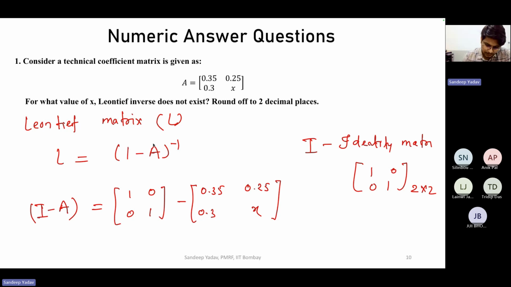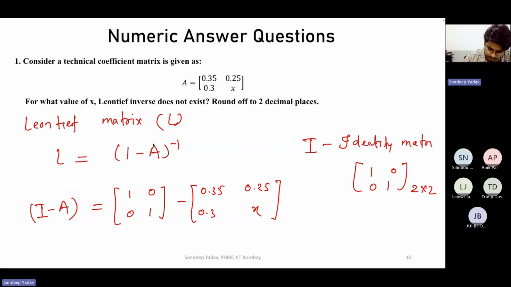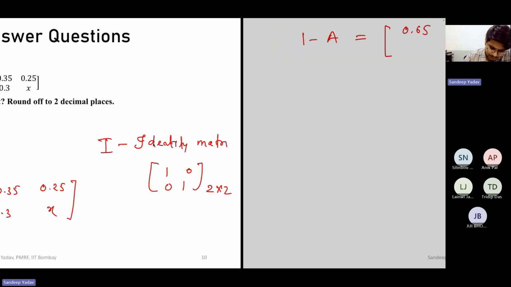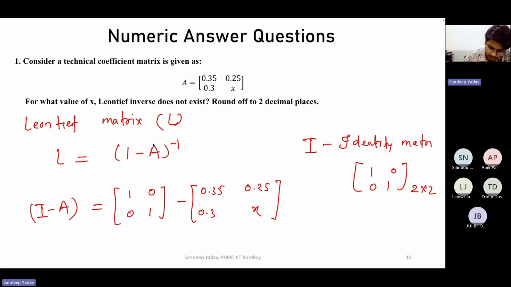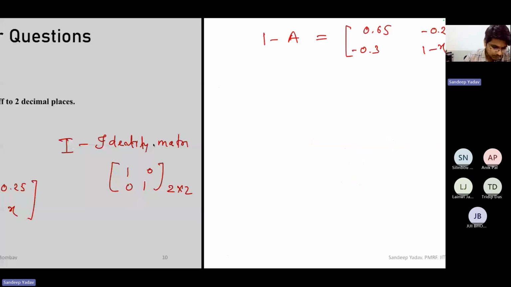When we do that calculation, I minus A would be equal to [1 minus 0.35, which is 0.65, and 0 minus 0.25, which is minus 0.25; 0 minus 0.3, which is minus 0.3, and 1 minus x here], and we will do this calculation.